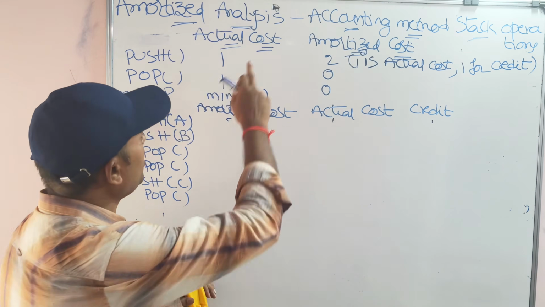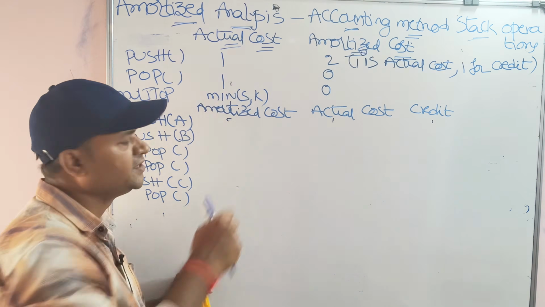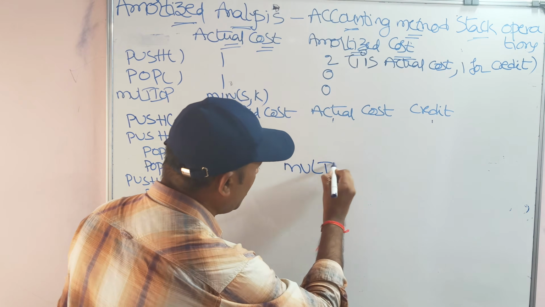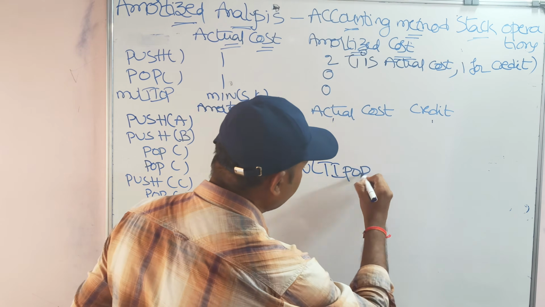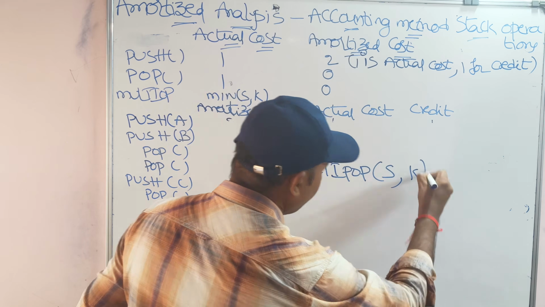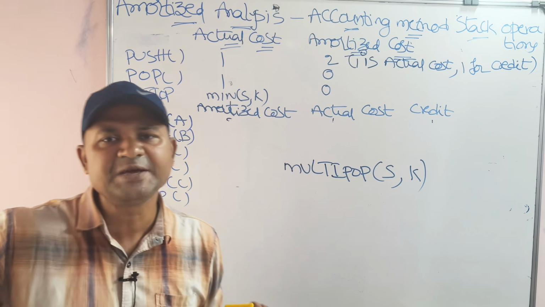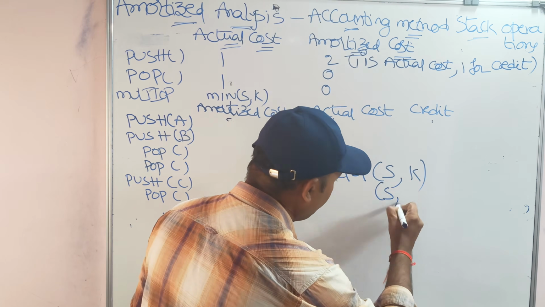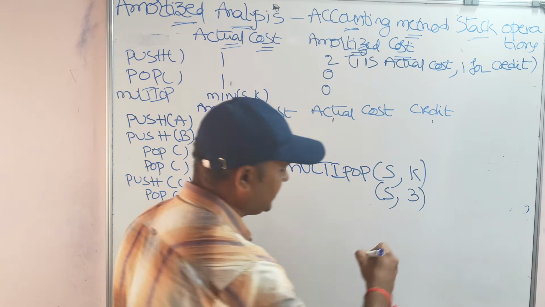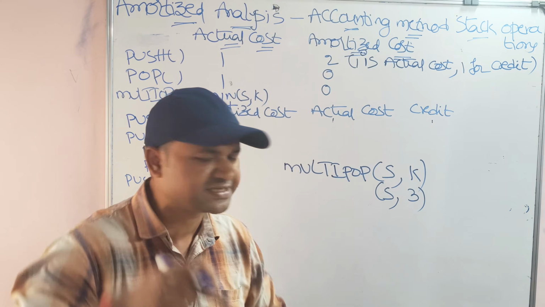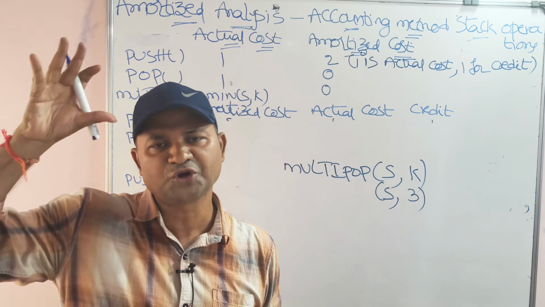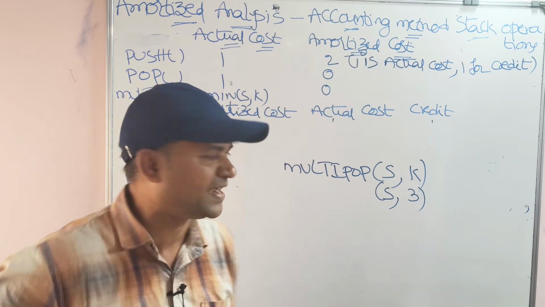Whereas for multi-pop operation, the actual cost is min of S comma K. With the help of the multi-pop operation, we can remove multiple elements from the stack. Here S means stack, whereas K means how many elements we are removing. So S comma 3 means the top 3 elements will be removed from the stack.